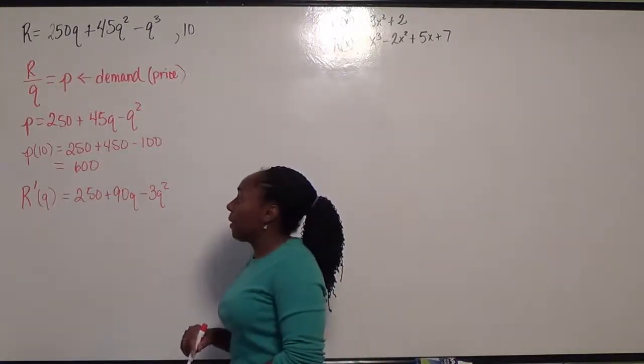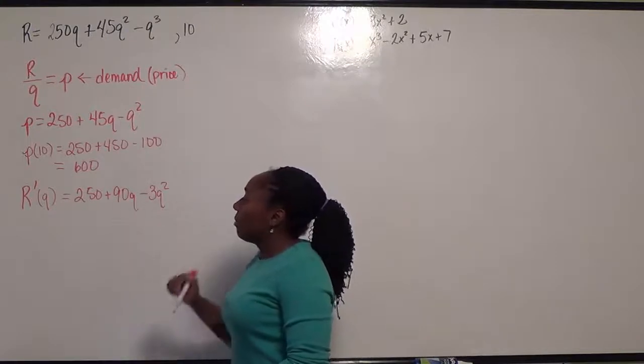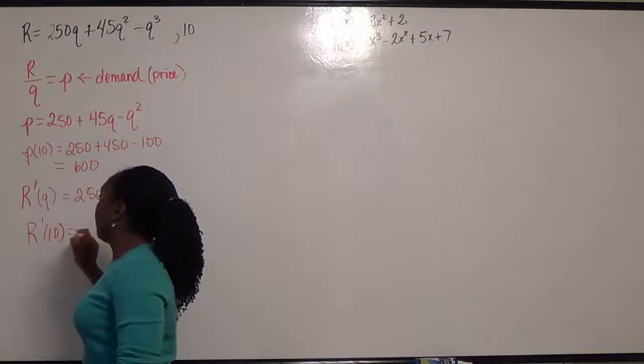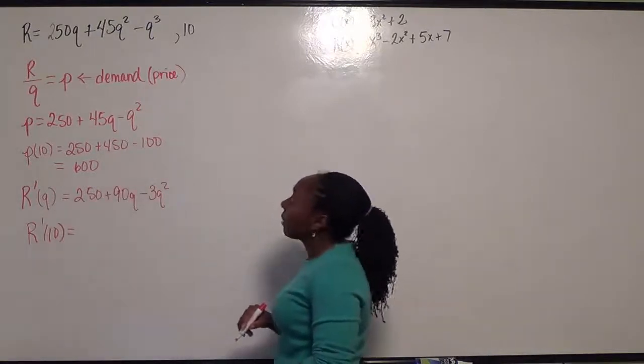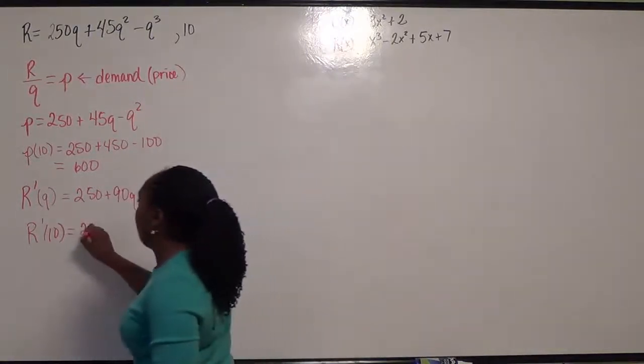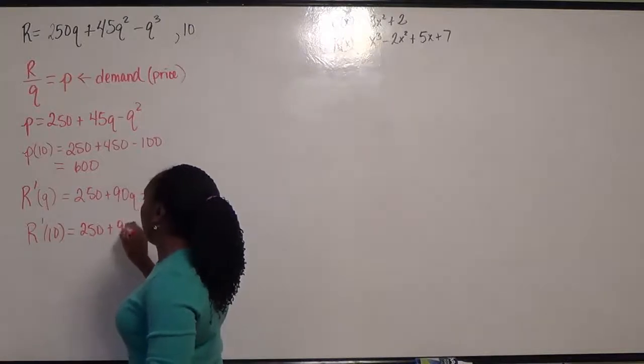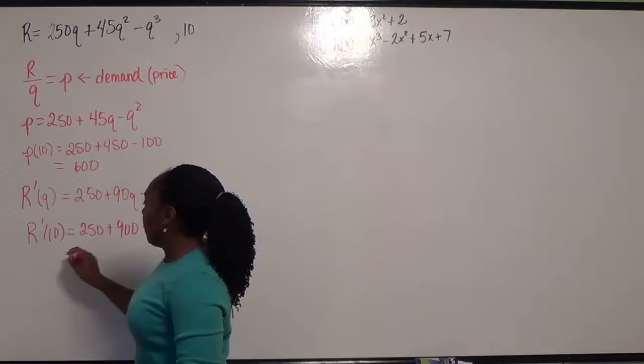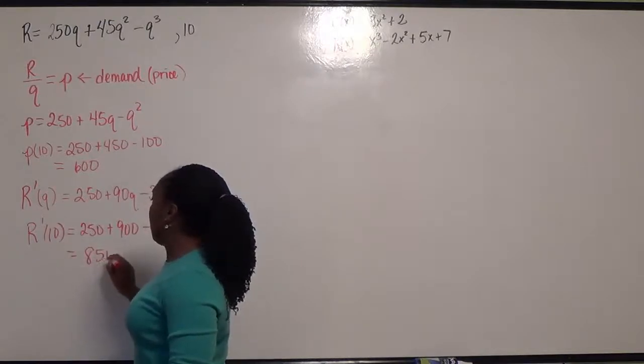Okay. From there, plugging in my value, we'll get 250 plus 900 minus 300, so it looks like 850.